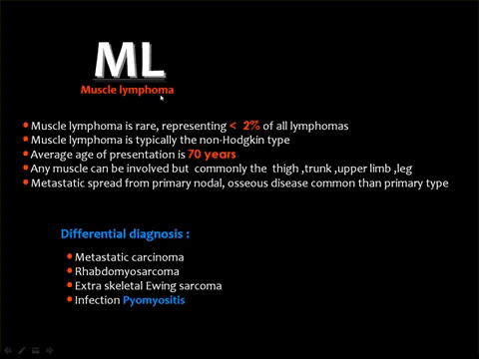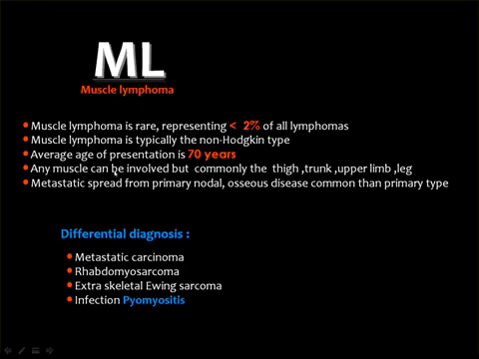Finally, we have a few words about muscle lymphoma, which is rare, representing less than 2% of all lymphomas. It is usually of the non-Hodgkin type, and the age of presentation is around 70 years.